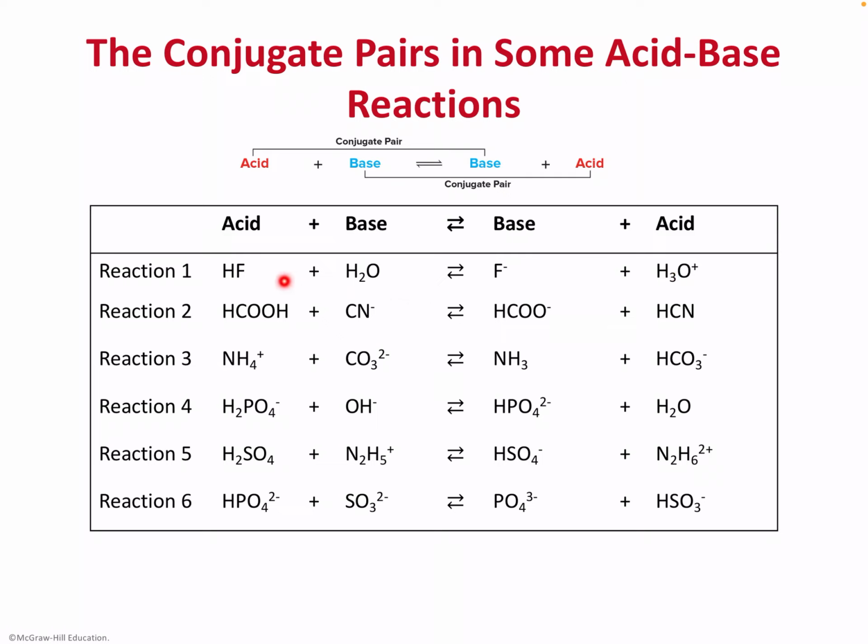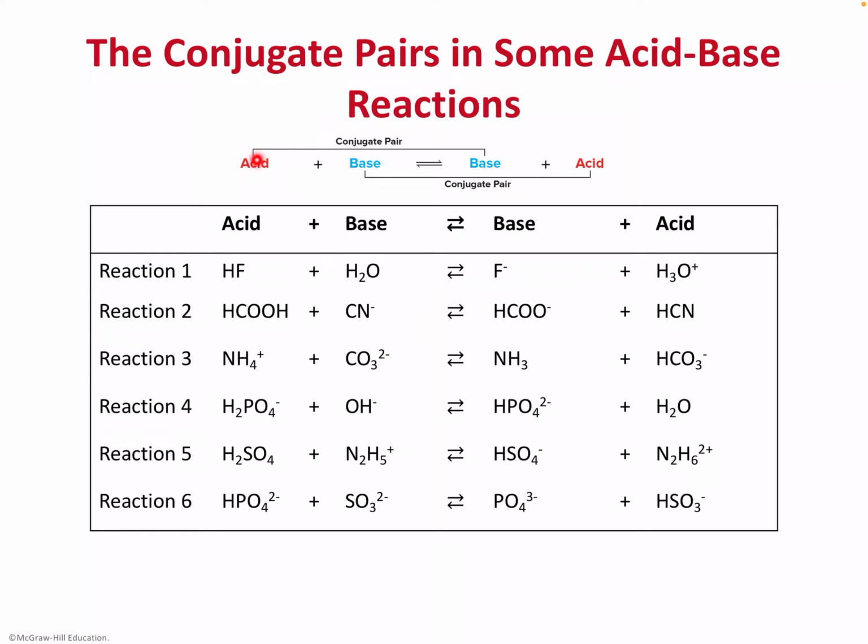You first figure out the similar species, but their number of hydrogens should be different. HF, F minus, lost a proton, meaning it donated the proton, so that's the acid, and that is the base, because in the reverse reaction F minus takes a proton to form HF. So they are a conjugate acid-base pair.